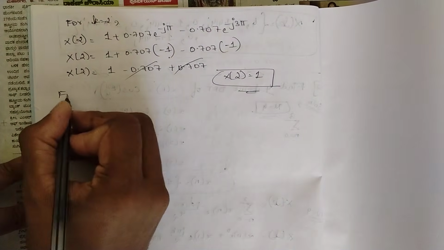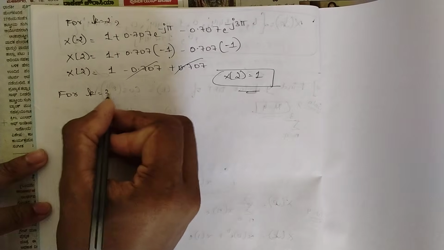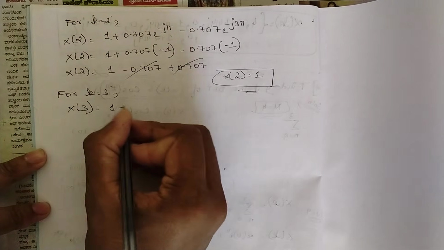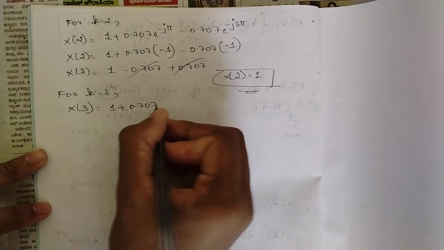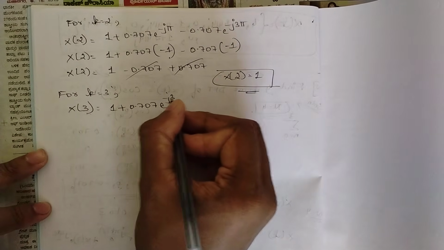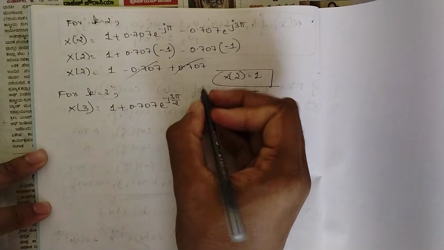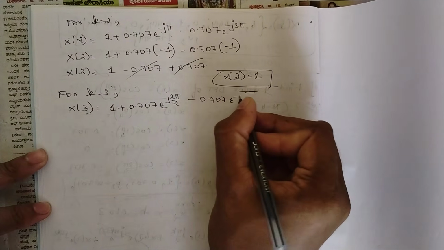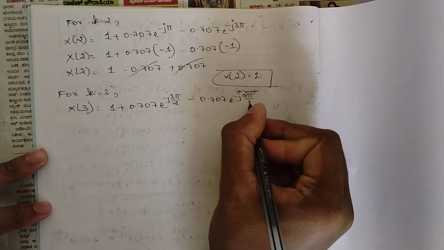Similarly for k is equal to 3, x of 3 is equal to 1 plus 0.707 into e power minus j 3 pi by 2, minus 0.707 e power minus j 3 into 3, 9 pi by 2.